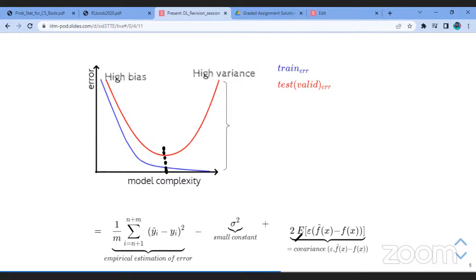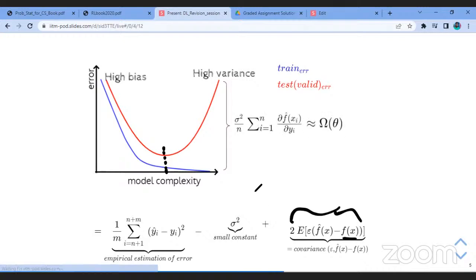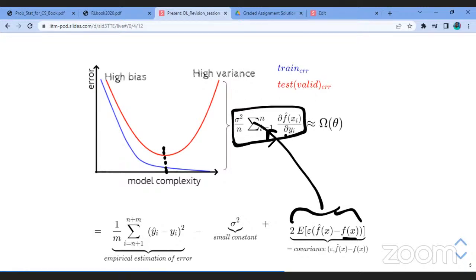We are actually interested in this term, but this term cannot be computed because we don't have the true f(x), that is the true probability density function. Then we have this approximation that somehow relates this with this quantity. And computing this term itself is not quite straightforward, so we approximate this term using this regularization term.